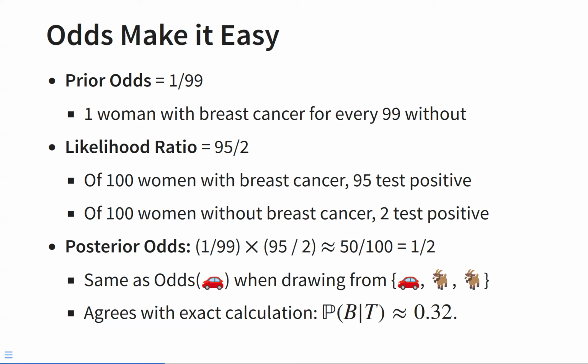So what are odds of 1 over 2? We could try to convert back and forth between odds and probabilities, but I want you to start thinking in terms of odds directly. That's why I showed you that silly Monty Hall example from before. So remember the car and the goats. Odds of 1 over 2 are exactly the same odds as the odds of drawing a car when you take one draw at random from car, goat, goat.